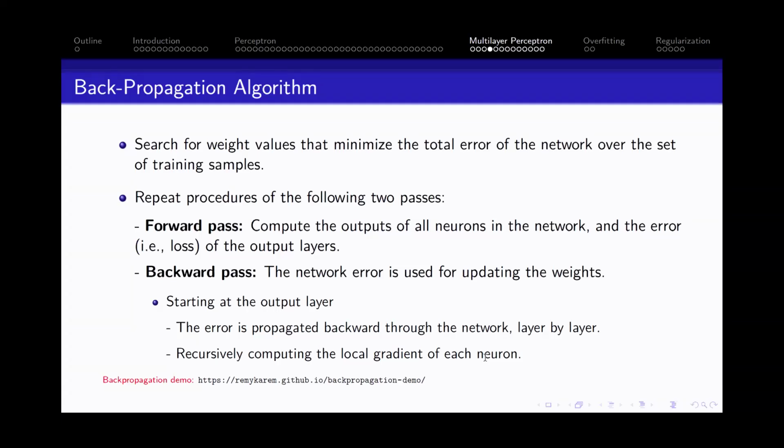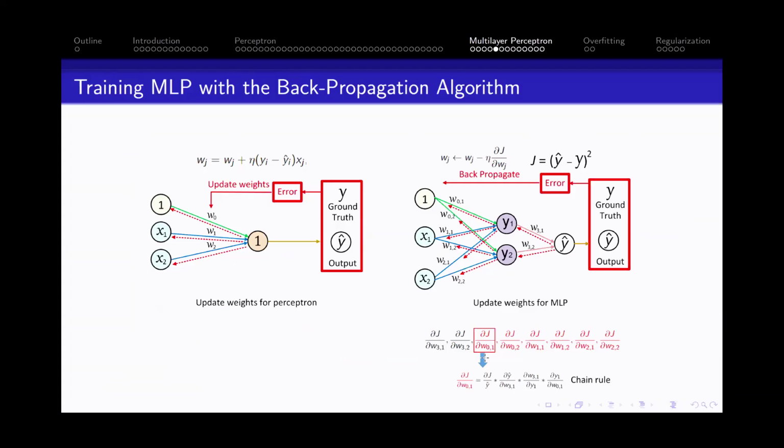So how can we do that? For this back propagation algorithm, first of all, the common term is the Jacobian, which is the square of your y hat minus your actual y, and you are going to update the weights on each neuron using the chain rule, which is the derivative of the Jacobian with respect to each weight, going in the backward direction on each single neuron on each layer.